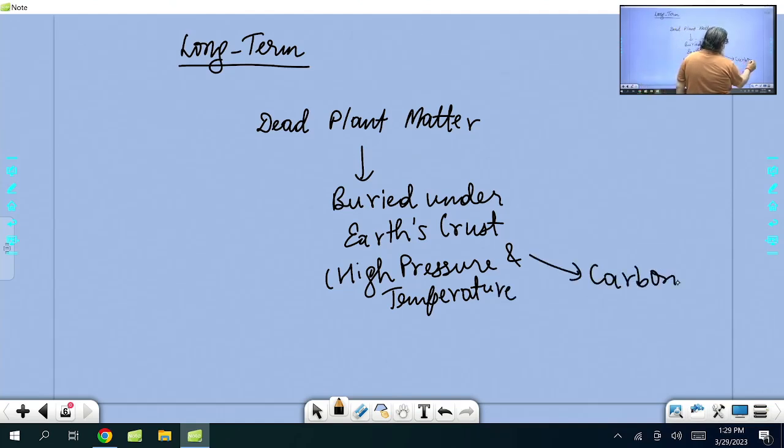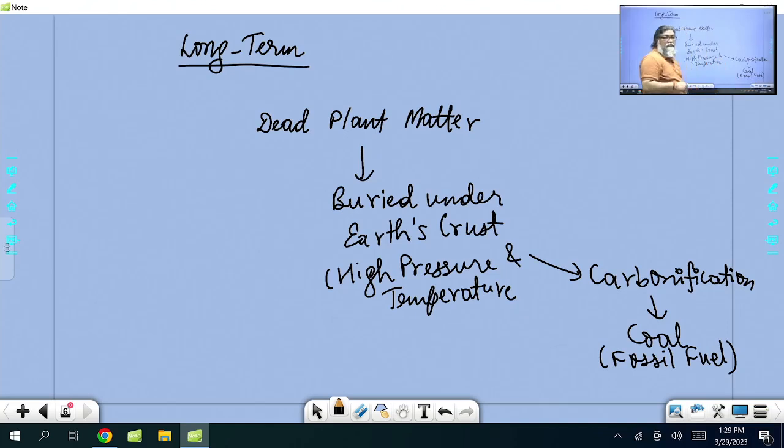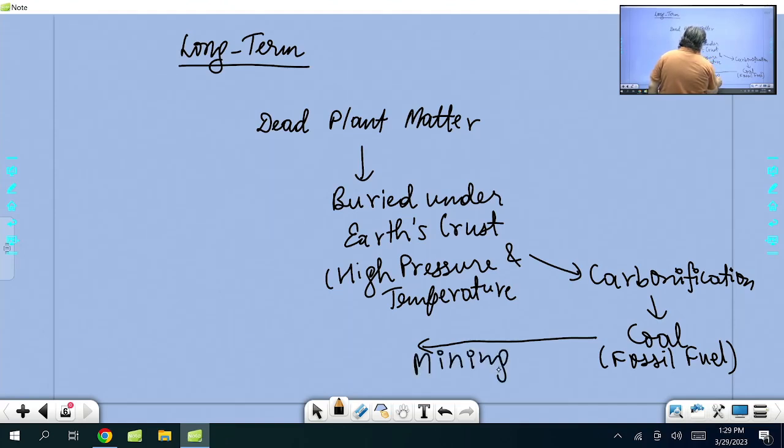This carbonification process forms coal, fossil fuel. Fossil fuel is formed, and then what we do, we mine it out. We carry out mining of coal, right? And this coal we burn.